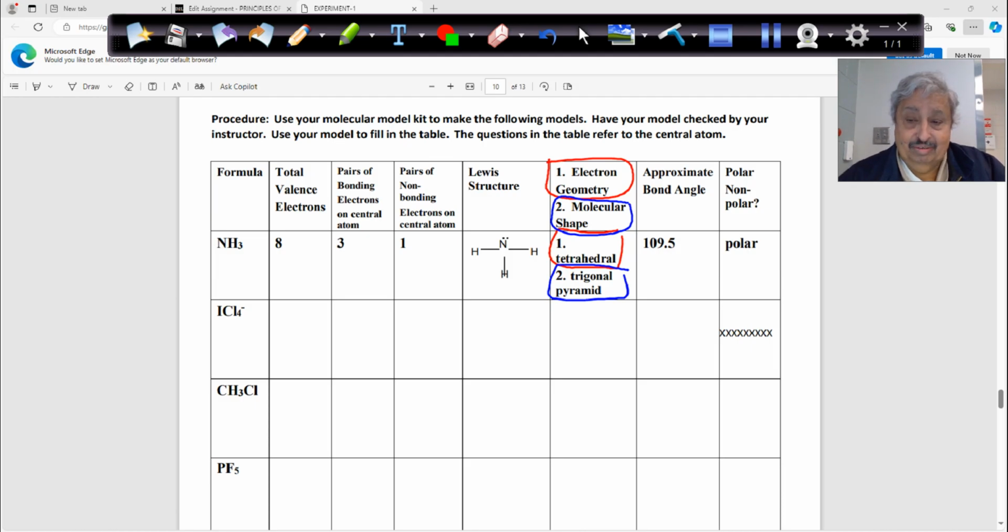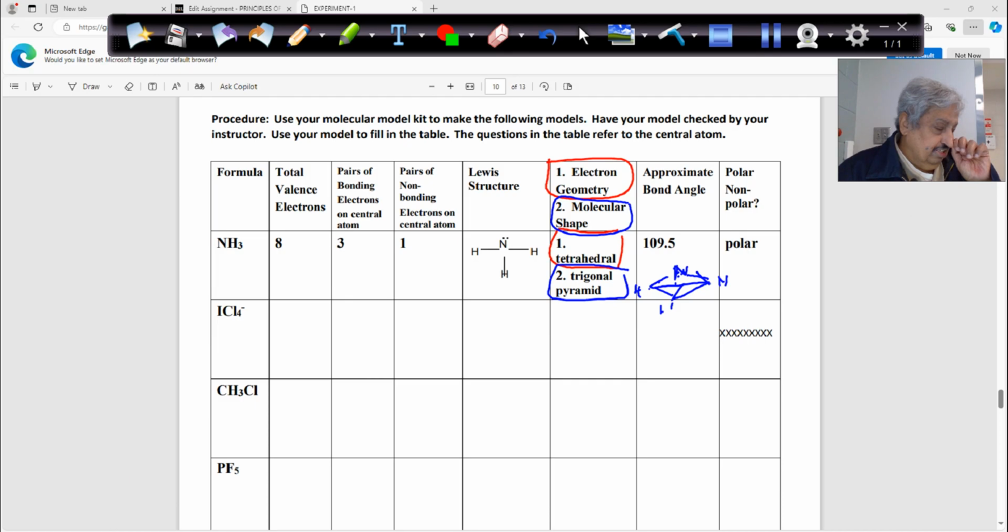Discarded. This just looks like a triangle here, and the top of the nitrogen is like a pyramid. Trigonal pyramidal. Okay, guys, that's the molecular one.